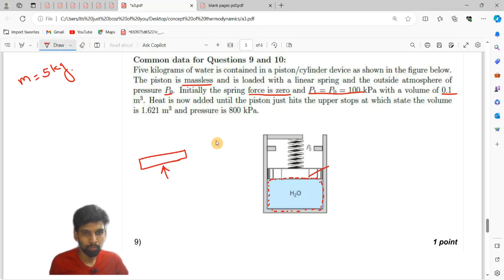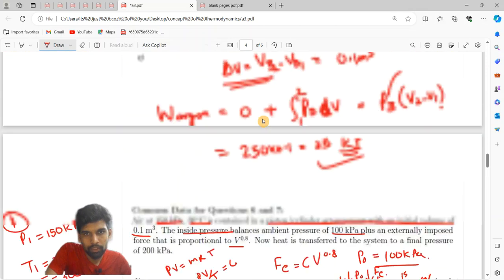In the previous questions, I balanced just pressure rather than balancing forces. Please be careful while doing these things. Let me show where I did this.